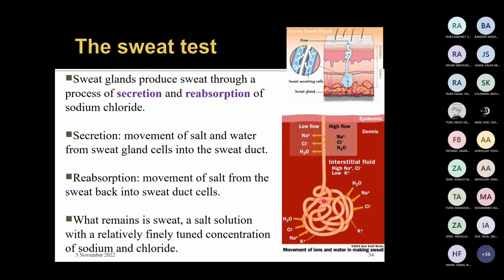So if we have a high flow, meaning that there is a lot of heat, sodium and chloride will be absorbed. Also, if we don't have heat, sodium and chloride will be absorbed more. And as we absorb sodium and chloride, some water will be absorbed.